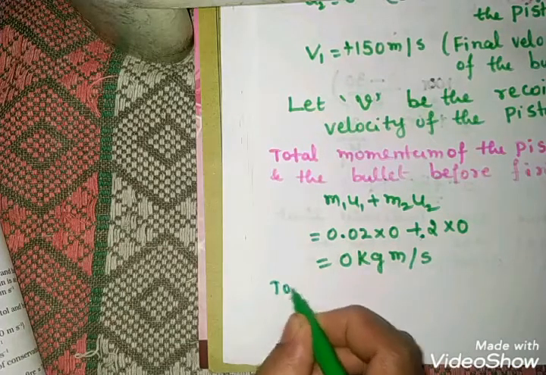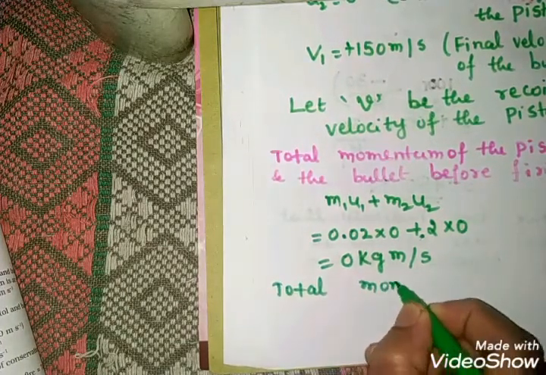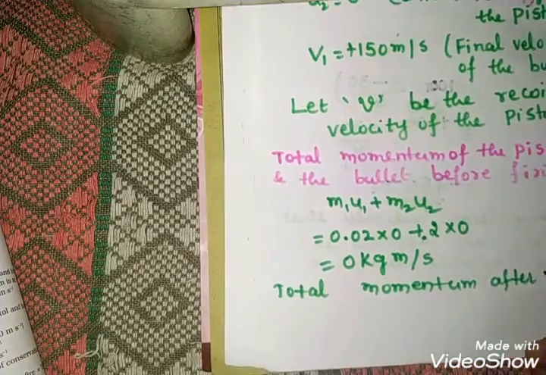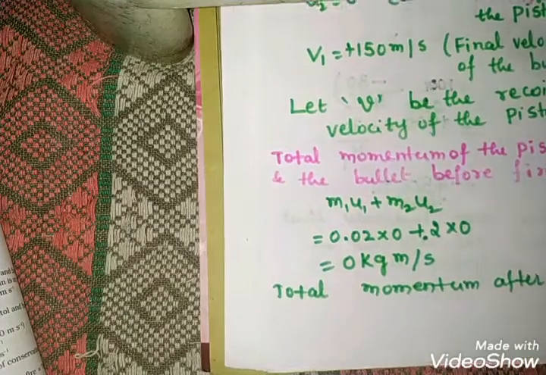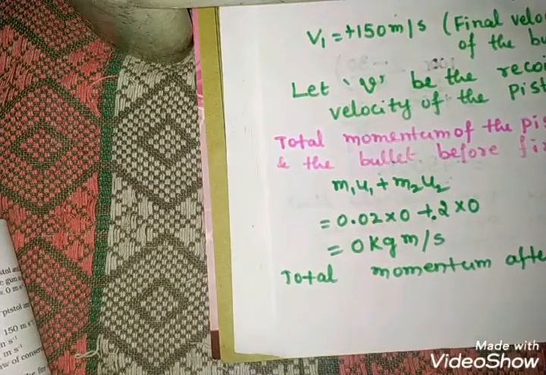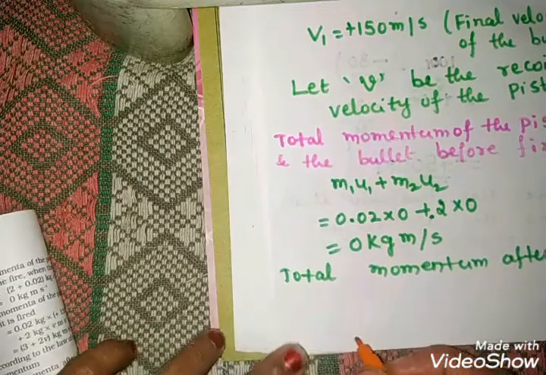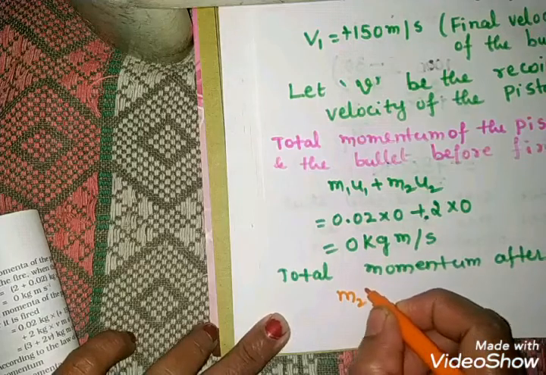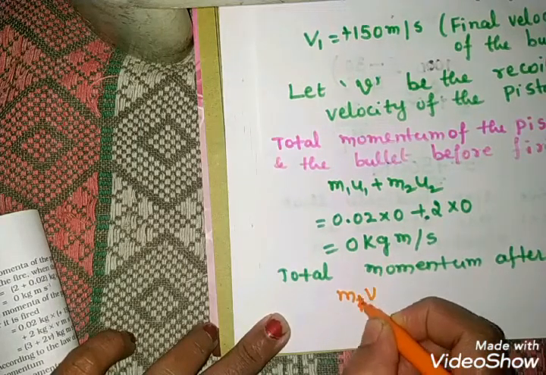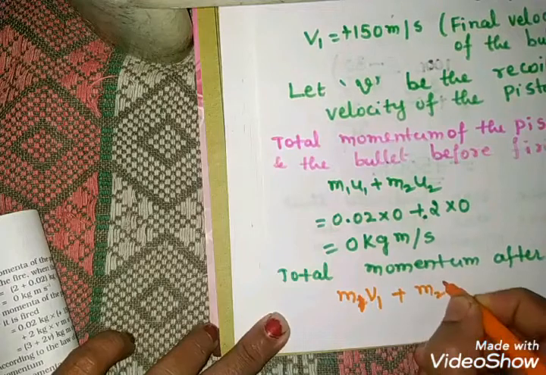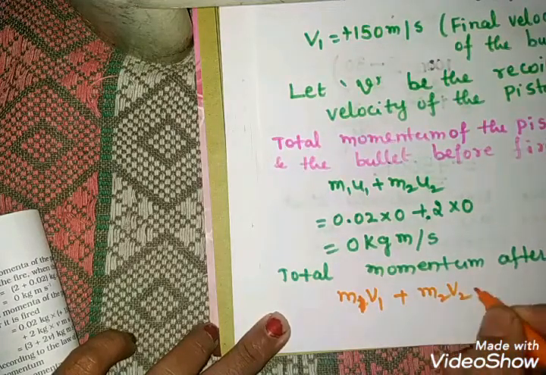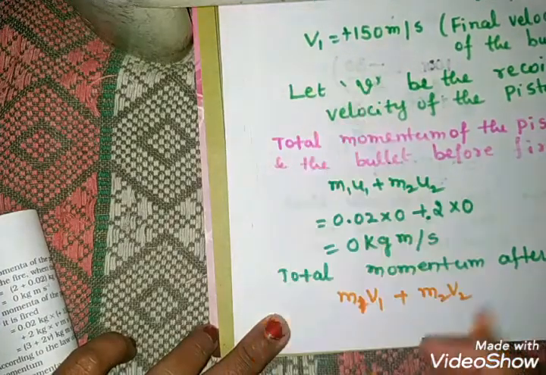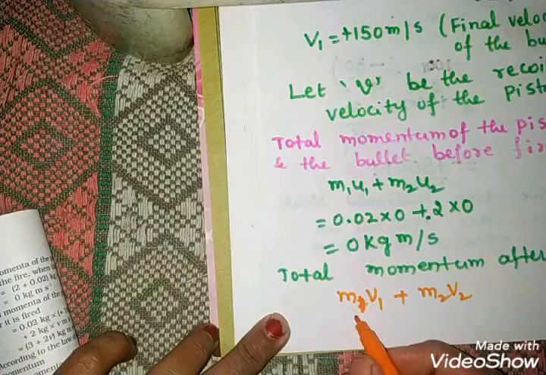Now the total momentum after firing. Let us see what happens. Same formula, but we have to change the notations. M1 V1 plus M2 V2, where V2 is taken as the recoil velocity, which we have taken as V. So now M1 is how much, children?